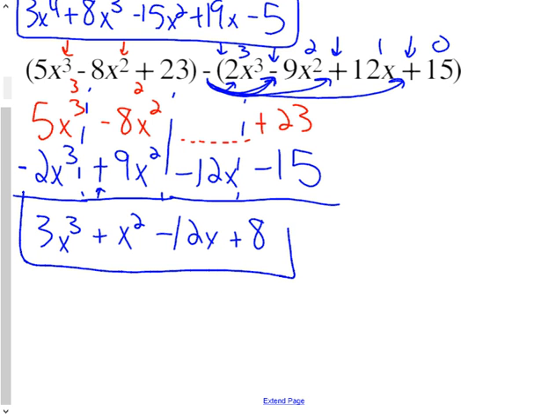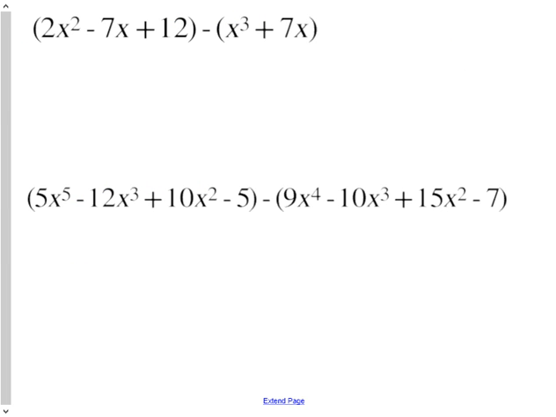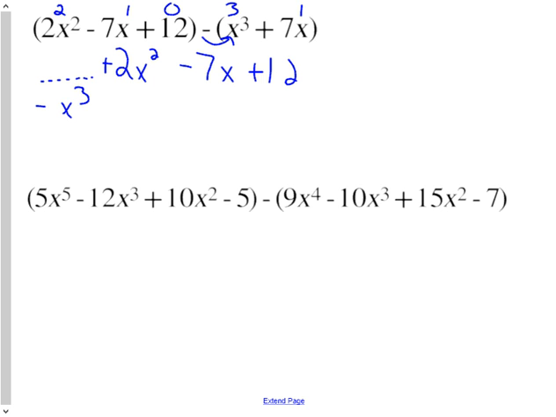We'll do 2 more examples and call it good. So again, writing our degrees out, 2, 1, 0. Notice my subtraction is a third and a first, so I'm going to leave a blank. There's 3's, and we got 2x squared, minus 7x, and plus 12. And now when I flip the sign, minus x cubed, that goes in the first column. These were third degree, second degree, first, 0. And then minus 7x, and that's going to go in the first degree.